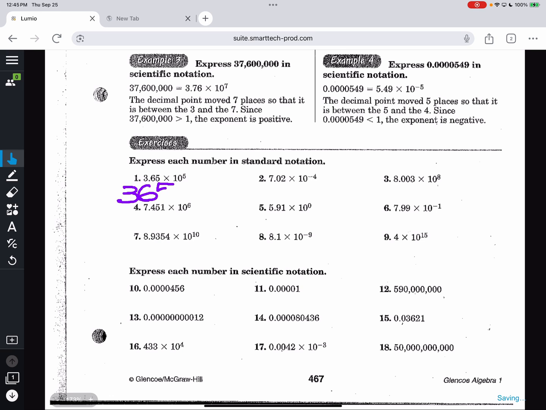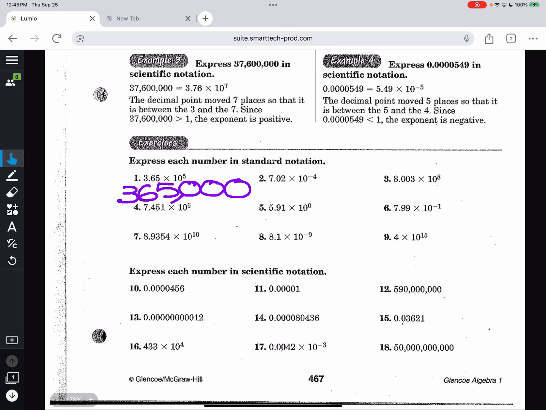Yes, because it's moving past the 6 and 5. Don't just put 3, 6, 5 and slap 5 zeros down. Take into account how many places you're moving that's already in decimal land. And then I highly encourage you to use the commas so that you can double check that you have the right number of zeros.